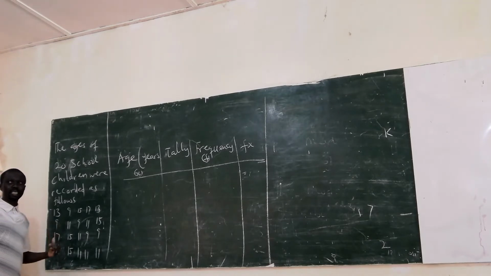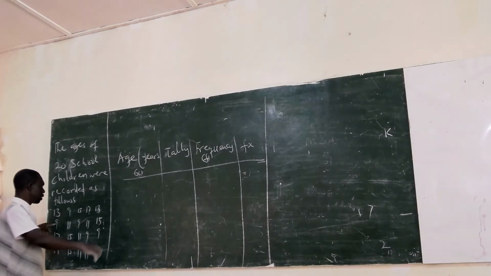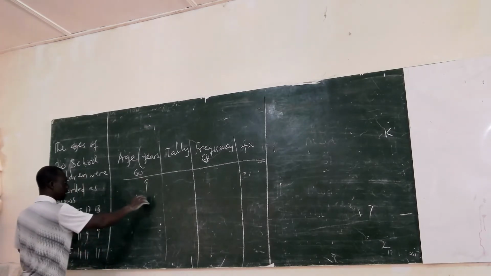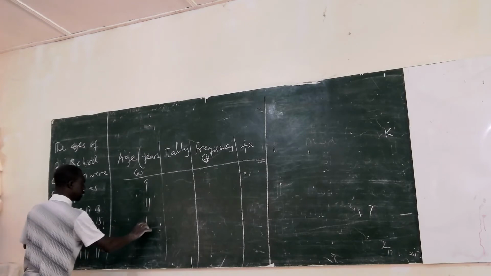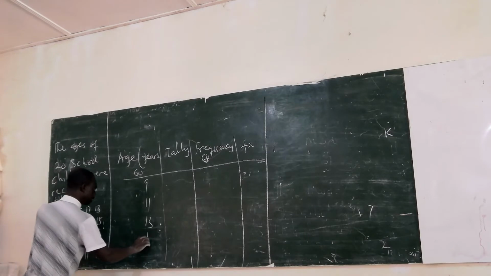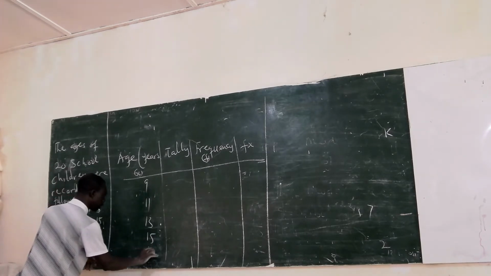We start from the smaller age to the larger age. The smaller age is supposed to be 9 years, followed by 11 years, followed by 13 years, followed by 15 years. The last one is supposed to be 17 years.